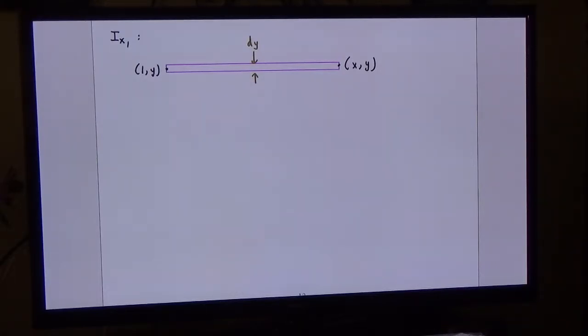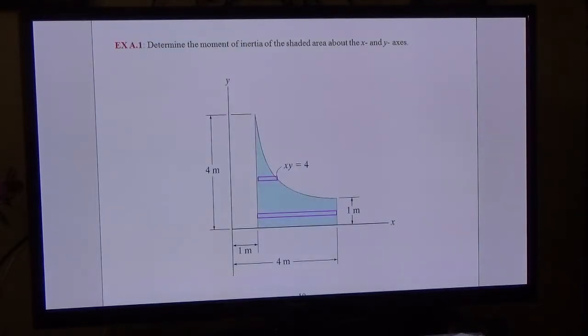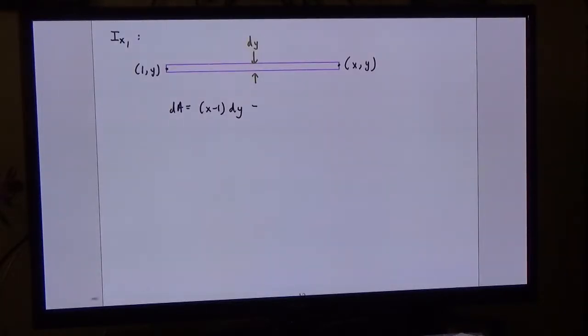Calculating the area of this rectangle, dA, is going to be the width, which is the right coordinate minus the left, x minus 1, times the height, dy. Since I know I'm going to be integrating with respect to y, because I have a dy in there, I might as well put x in terms of y. So x in terms of y is going to be 4 over y. So I have 4 over y minus 1, and then dy.